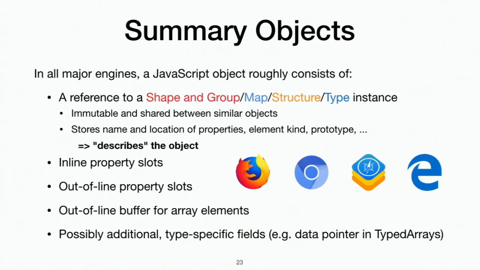That's just due to the fact that in JavaScript you can use every object as an array, so they also have this array storage essentially. And then you might have additional type-specific fields. For example, if you have a regular expression object or a typed array object, you would have more data fields in these objects. But these are the main ones, the first 4.